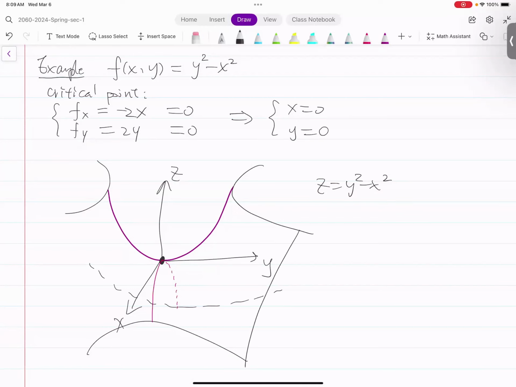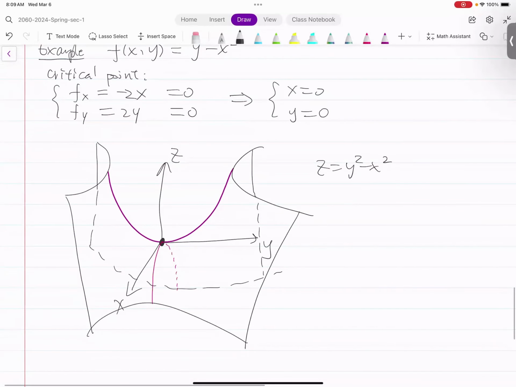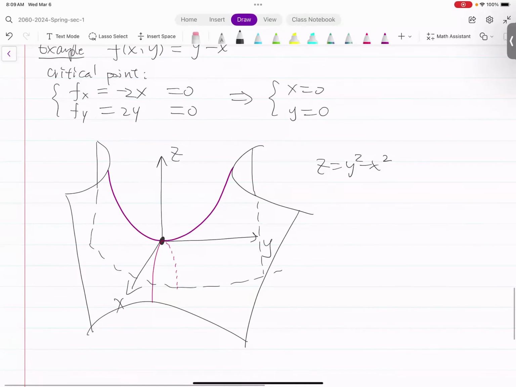And so you get the idea. So the shape of this surface looks like a horse saddle, and that's indeed the name of that black point at the origin. That's called the saddle point. So this is not a local max, nor a local min, right?